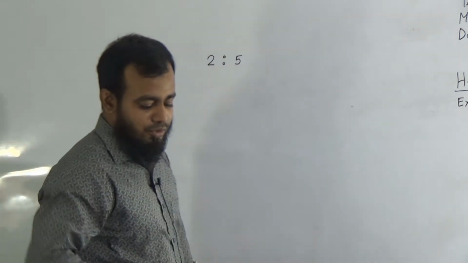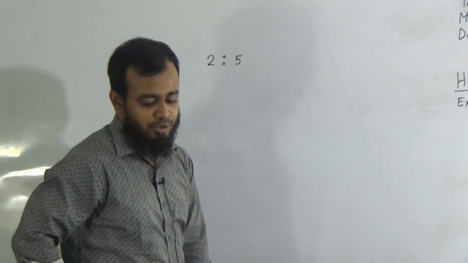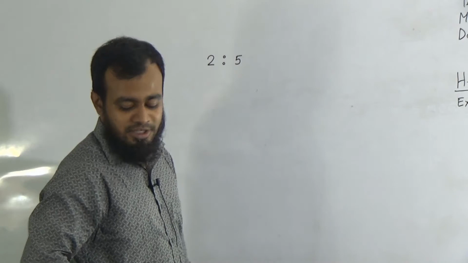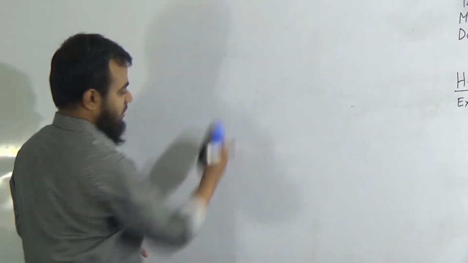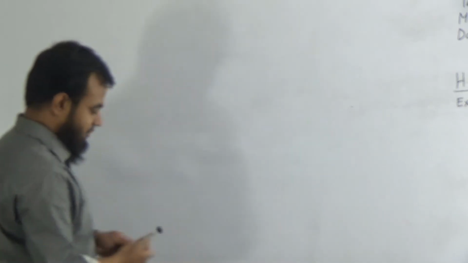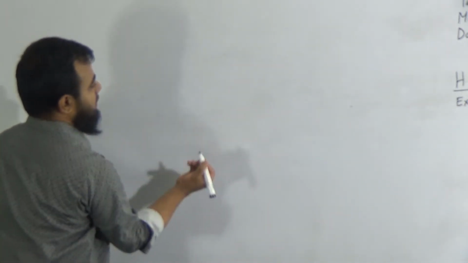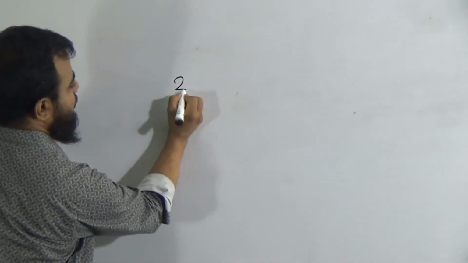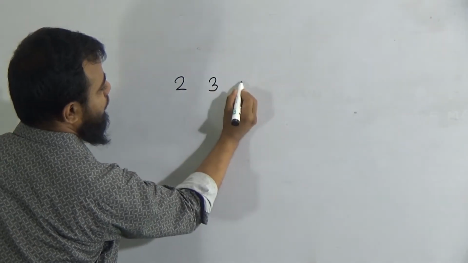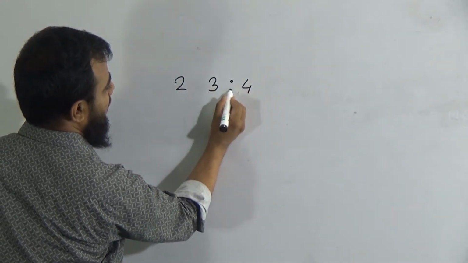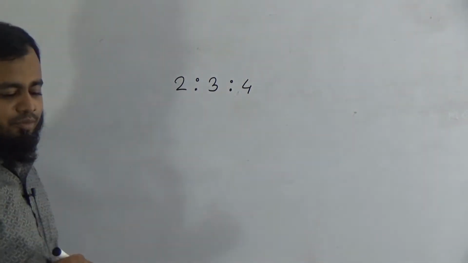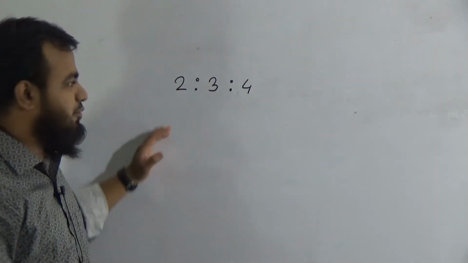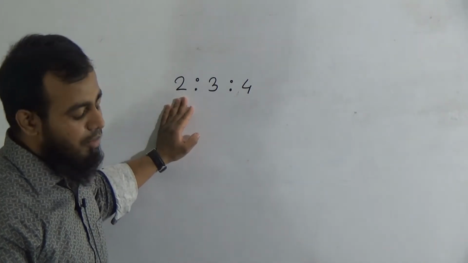Now in proportion we need to discuss a ratio of multiple expressions. What is a ratio of multiple expressions? My dear students, suppose there are three numbers, 2, 3 and 4, and we use the proportion sign like this. It is called a multiple proportion, a ratio of multiple expressions.